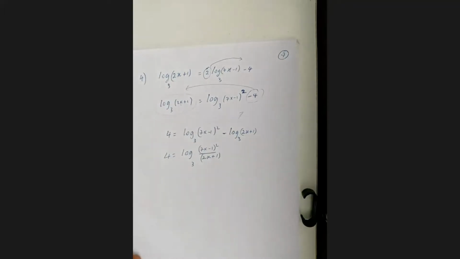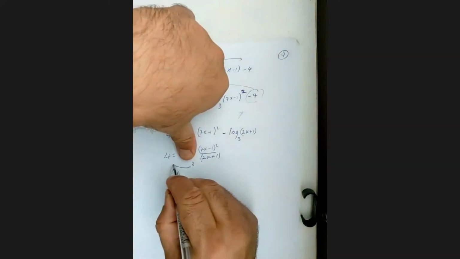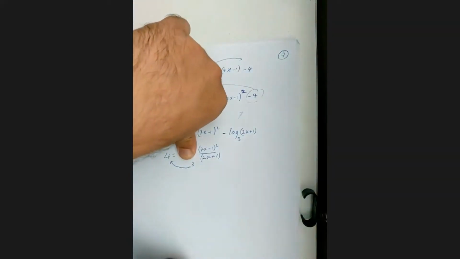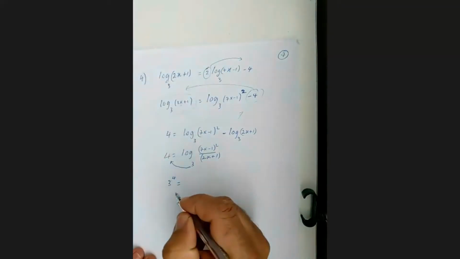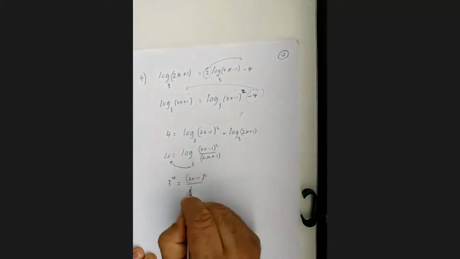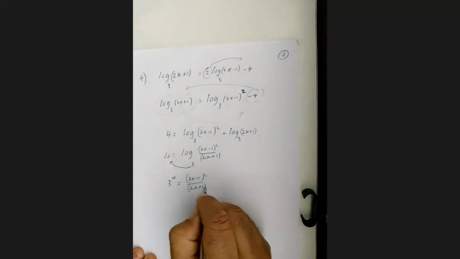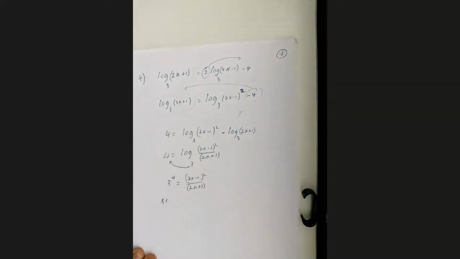When you have a single logarithm, close that log and move that 3 as the base of 4. So 3 to the power of 4 is equal to (7x minus 1) squared over (2x plus 1). This is 81. 3 to the power of 4 is 81.